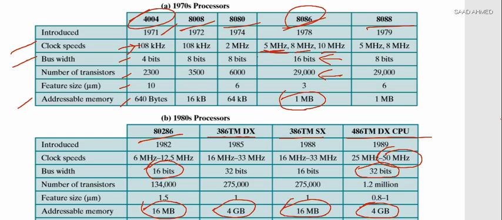When the 486 was launched, we also had another type of memory which is now commonly used, called cache memory. It was introduced with the 486, and it had only 8 KB. We are going to discuss cache memory in detail later on.